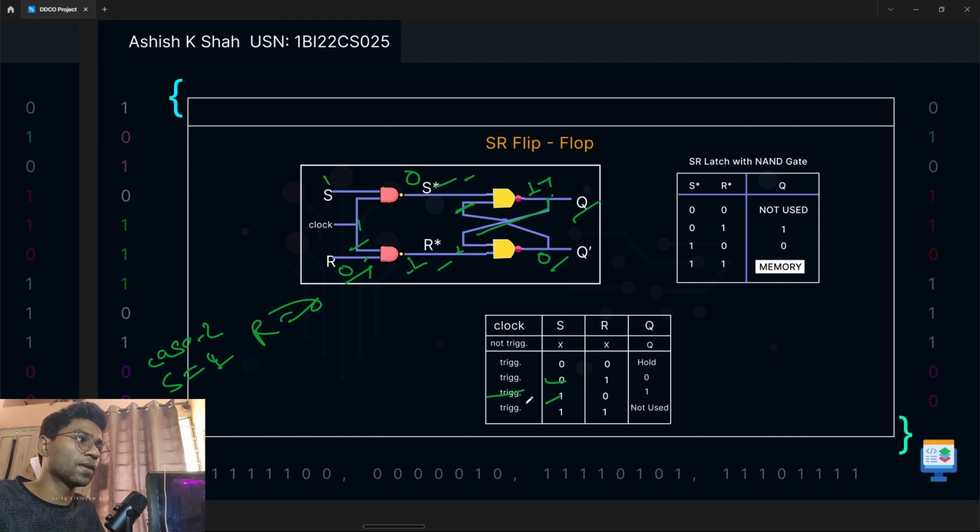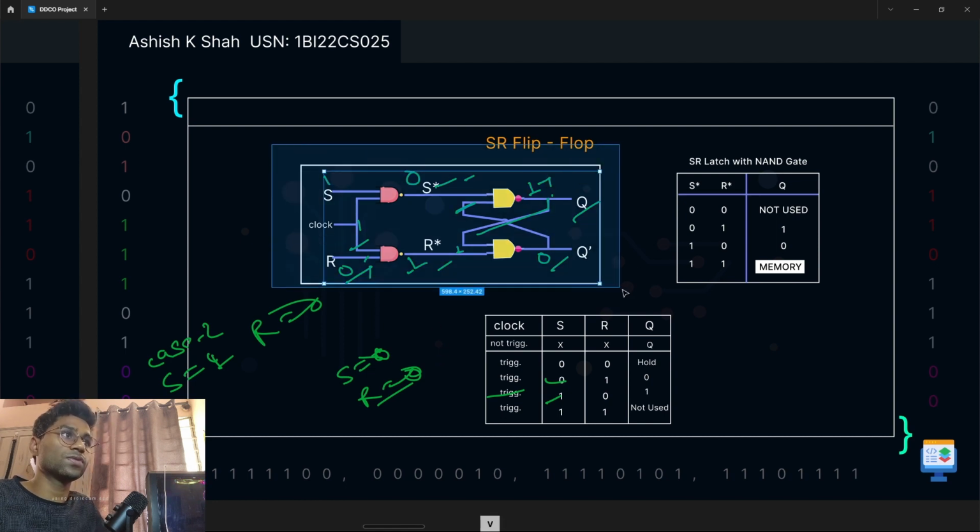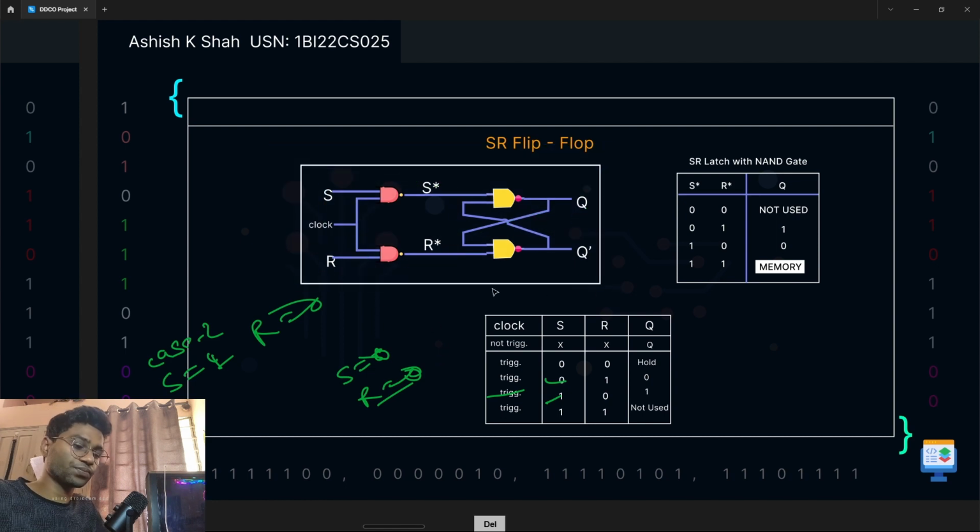Now the last case. When we apply S is 0 and R is 0, let me erase this first, because we can't see. When we apply S is 0 and R is 0, it holds memory. Like if there is Q, it will give output as Q. We can verify that.